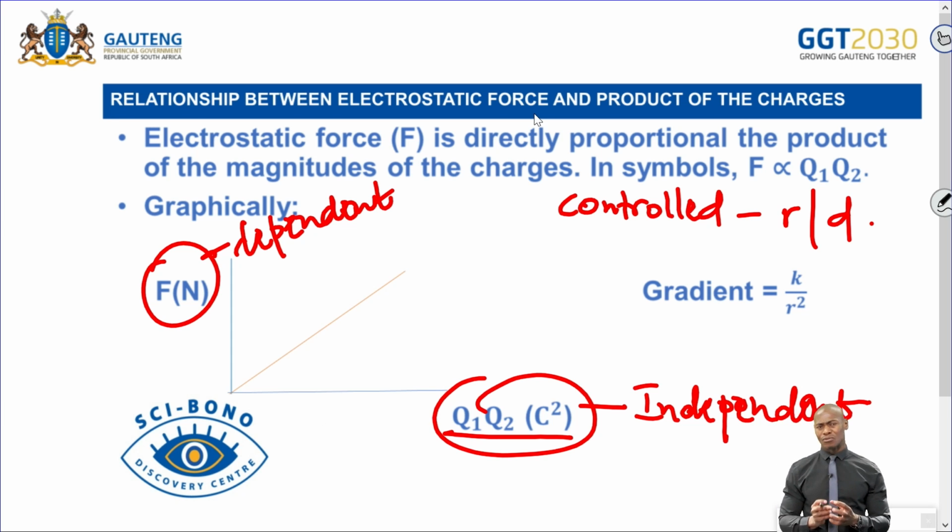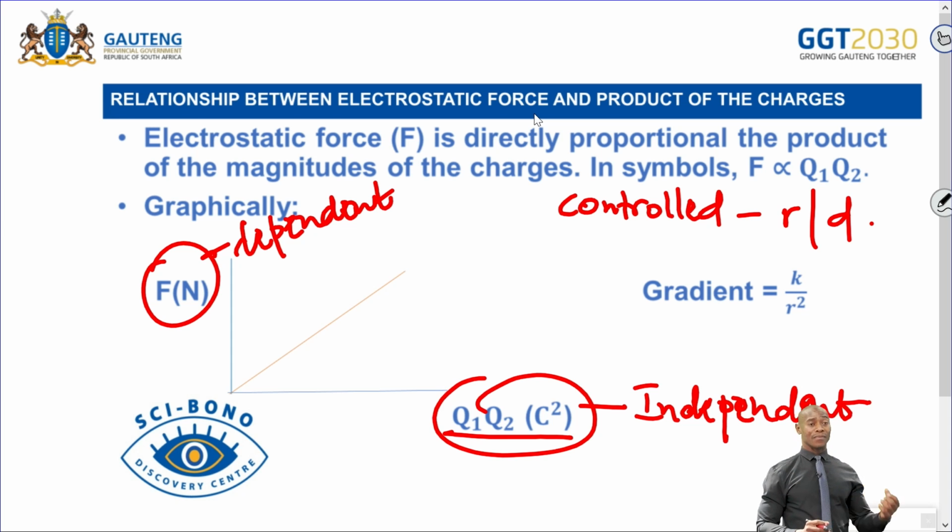So those are the things that we need to look at if you are given a graph. Identify the variables, and then check the physical quantity represented by the area if it is there. Check the physical quantity represented by the gradient. One of the two: either there is a physical quantity represented by the gradient and none by the area, or there is one represented by the area and none by the gradient.